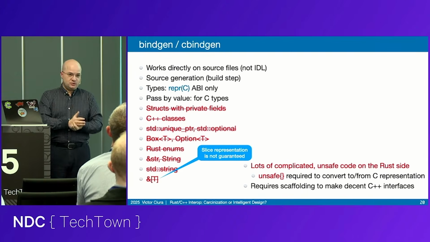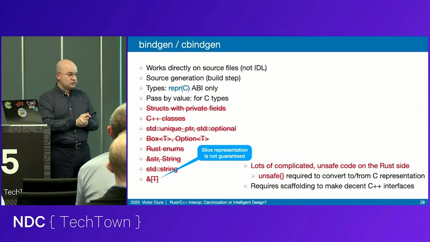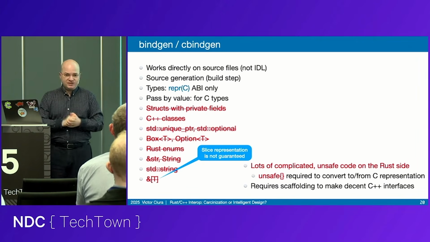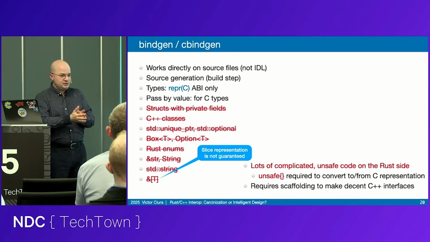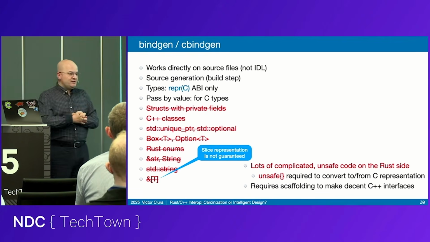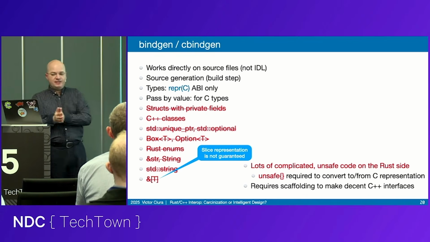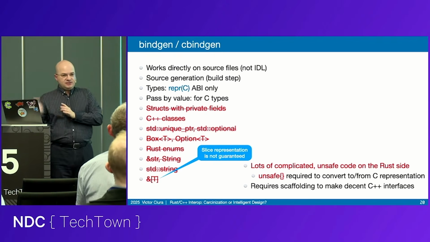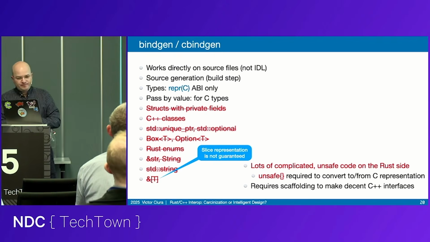So one advantage is that you operate directly on source files. You don't need to go through some kind of intermediate representation or IDL file. They do require build system orchestration. You are limited to a C ABI as a foreign ABI representation because Rust. I'm going to talk more about that in the middle part of the talk.